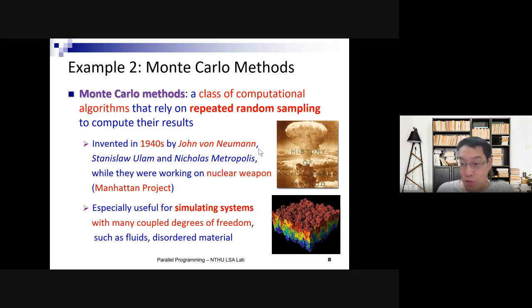As a result, it has become a very common method to solve many other complicated equations, especially for scientific simulation.